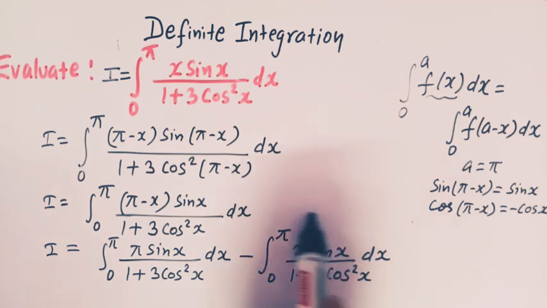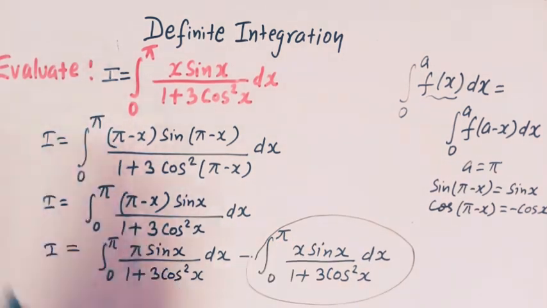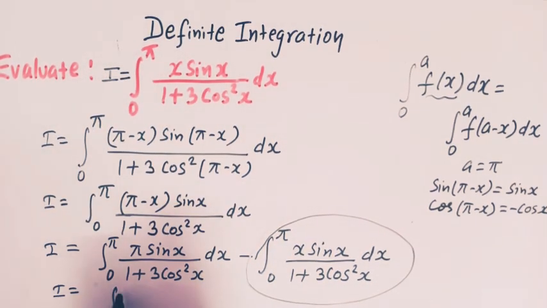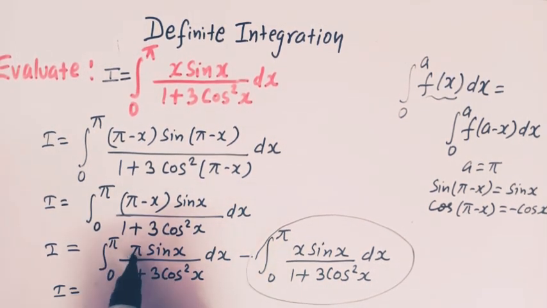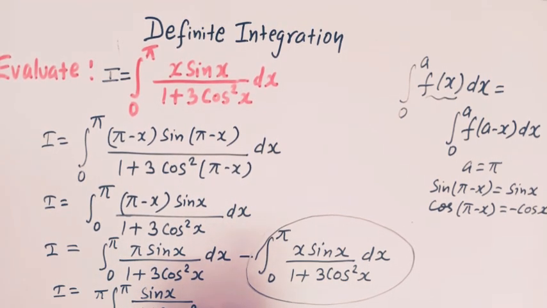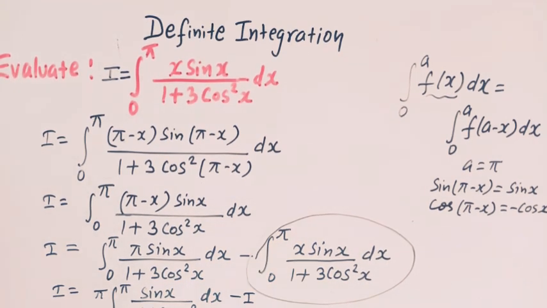Now we see that this integral is I, so here we substitute the value of this integral as I. So we have 0 to pi, and here we can take pi out of this integral sign, so we have sine x over 1 plus 3 cos square x dx minus I, right?